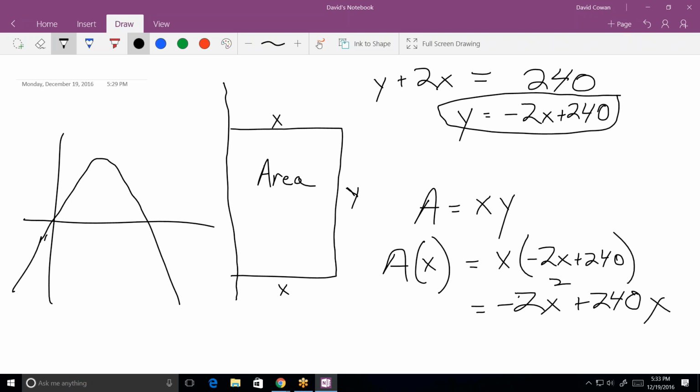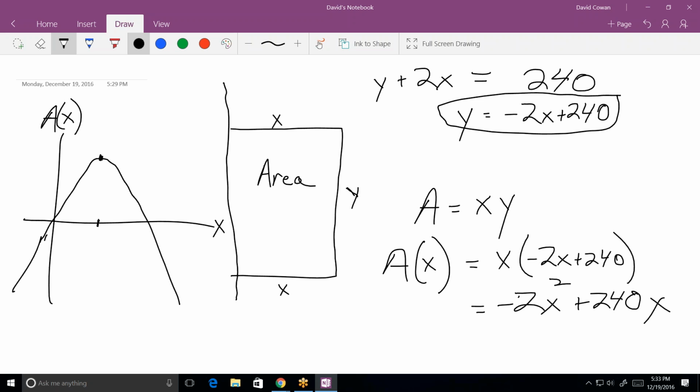So it's a parabola, perhaps something like that. And this vertical dimension is A of x. It's the area that we're plotting here as a function of x. So if we can find this point right here, we will have the x dimension that produces the maximum area.